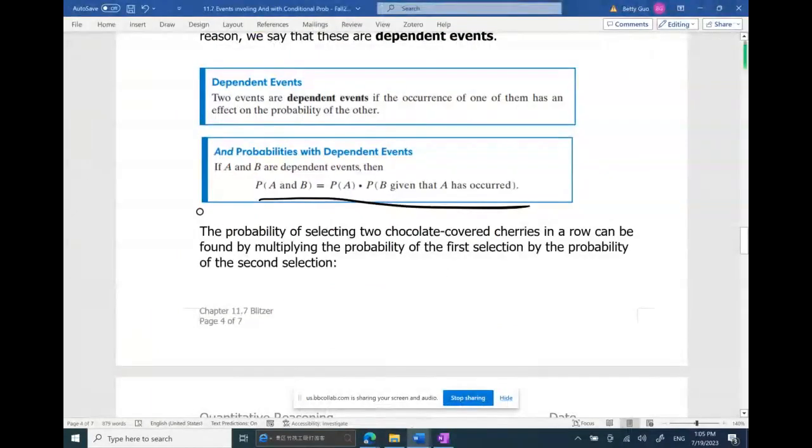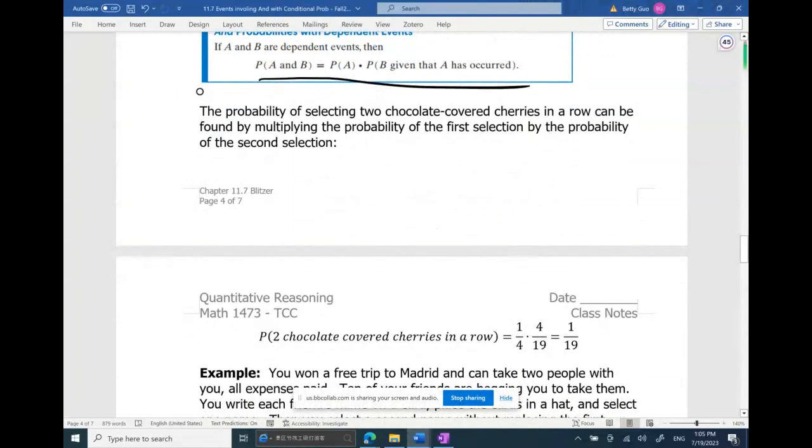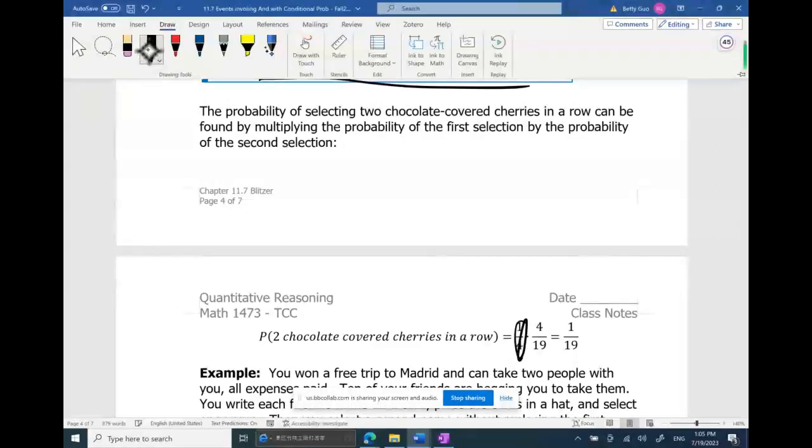We understand that formula by using it. The probability of selecting 2 chocolate-covered cherries in a row. I want you to relate the multiplication rule with the fundamental counting principle. We are looking for the probability that the first time we get a cherry, and the second time we also get a cherry. By the fundamental counting principle, the first time we get a cherry, the probability is 5 over 20, which is 1 over 4.